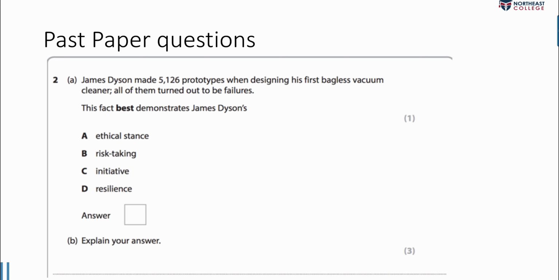But let's see, are they asking for the wrong one or the right one? The question says the fact best describes James Dyson's resilience. Obviously, the answer will be resilience. Ethical stance, definitely not. This does not have anything to do with ethics.